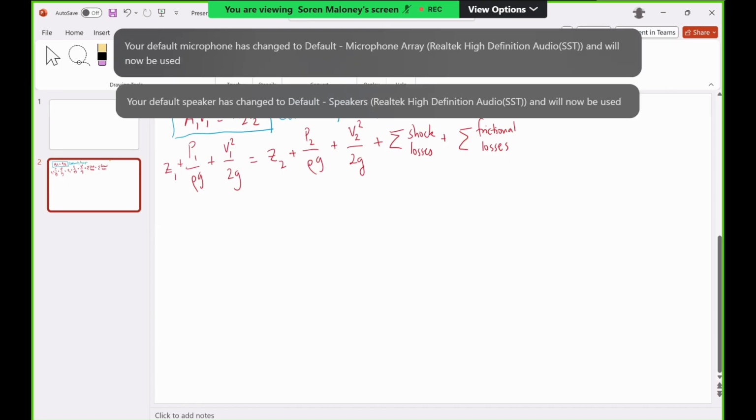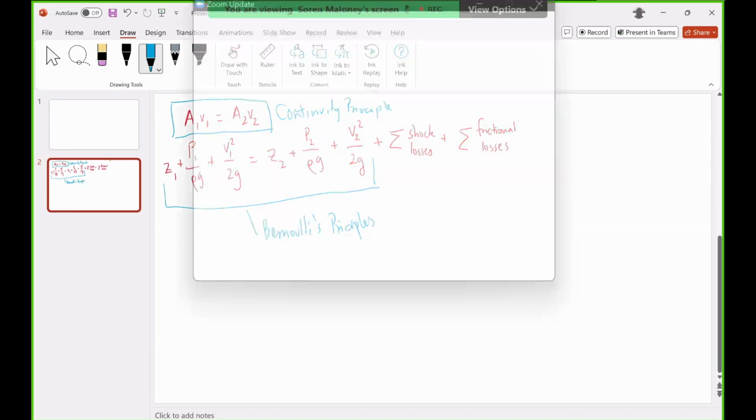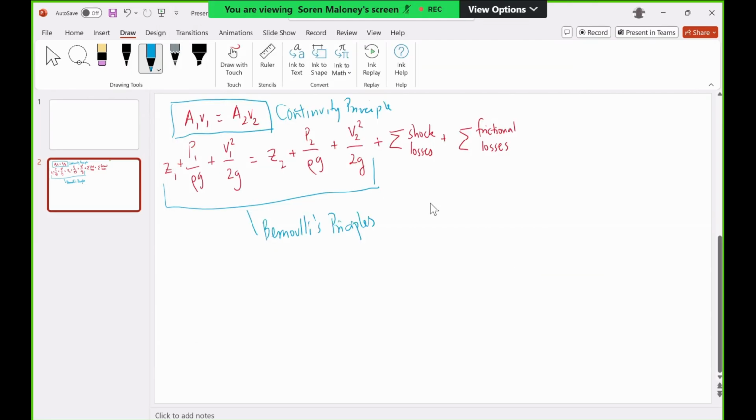Or principle of conservation of energy, which is basically our Bernoulli's principle. And here we said we had inviscid flow, we ignored losses, and so on. But now we don't want to ignore losses, so we have to account for our shock losses.